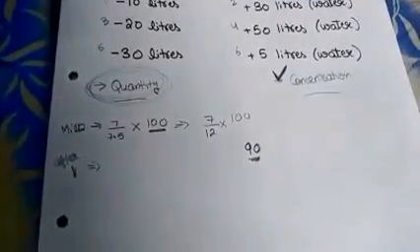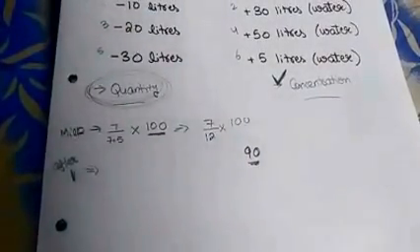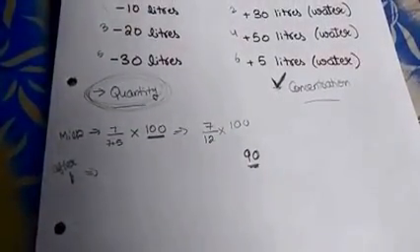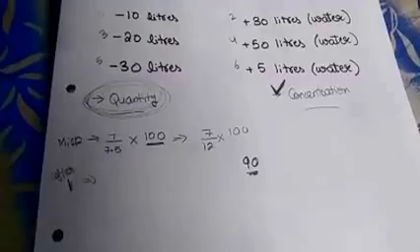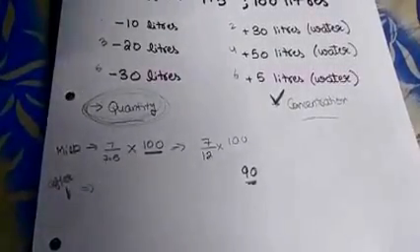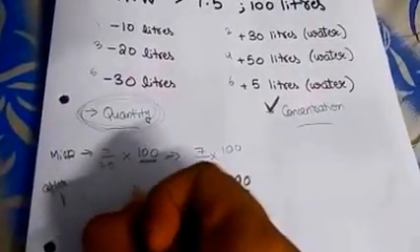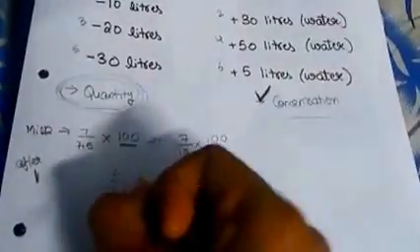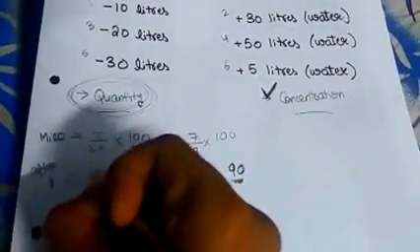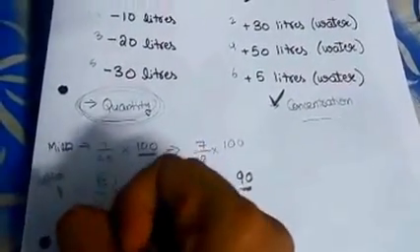And since we know that in such a scenario the quantity will decrease, and we had the initial amount as 100 and the final amount as 90, we can have a multiplier of 90 by 100.